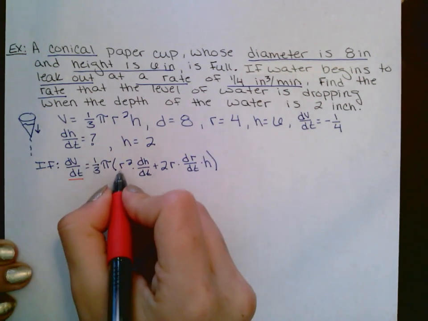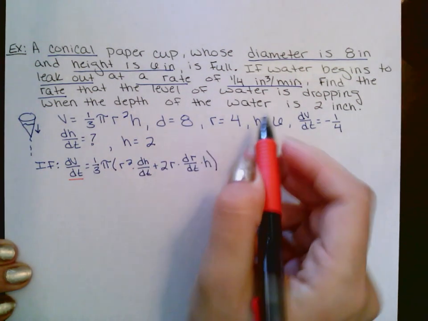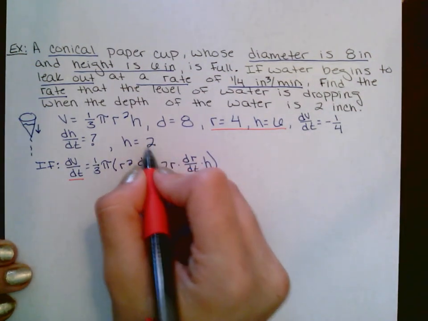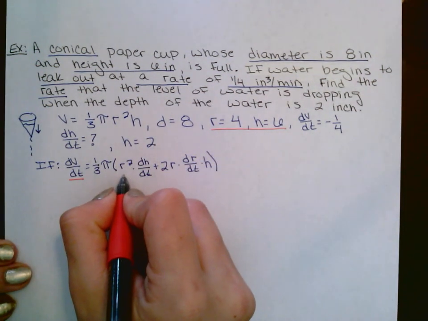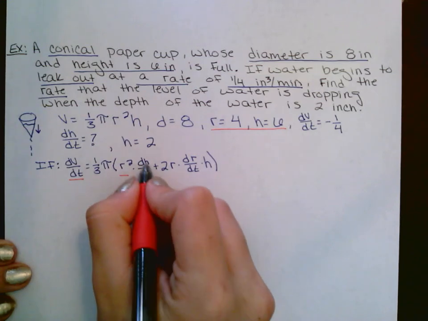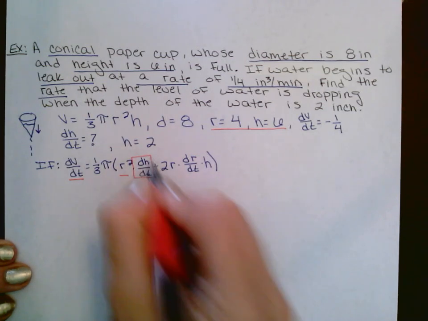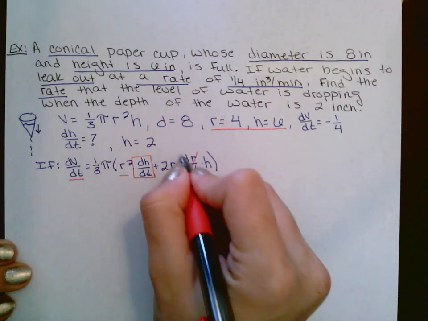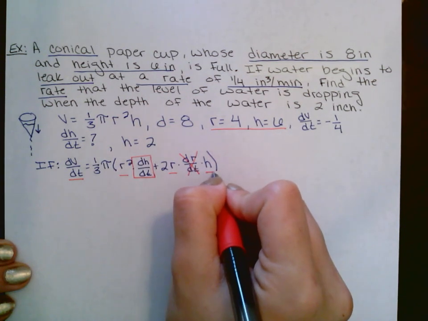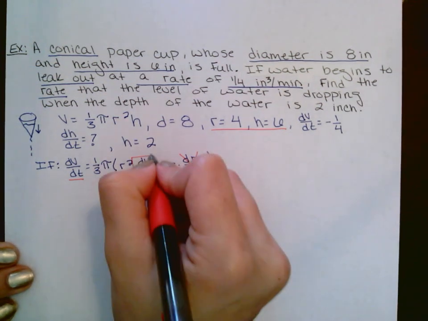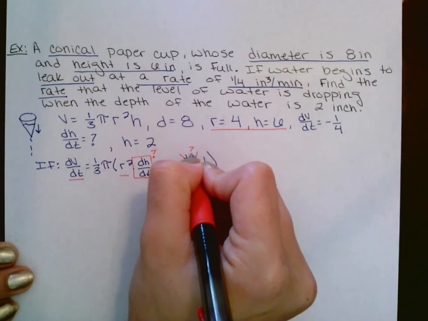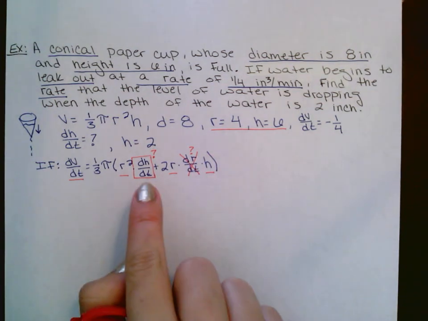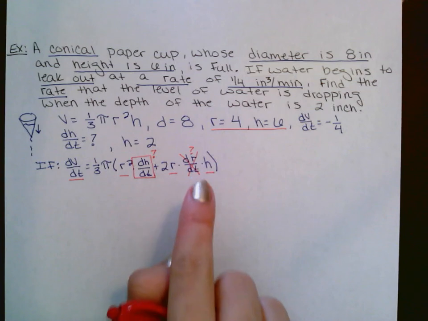For r, I can create a ratio from these two so that I can solve for r. dH/dt is what I'd be looking for. Now, dr/dt I don't have, and I do have height, which is 2. So that means I have 2 missing pieces to the puzzle, and I can't solve it with 2 missing pieces. I need to be able to isolate dH/dt and plug something in there.